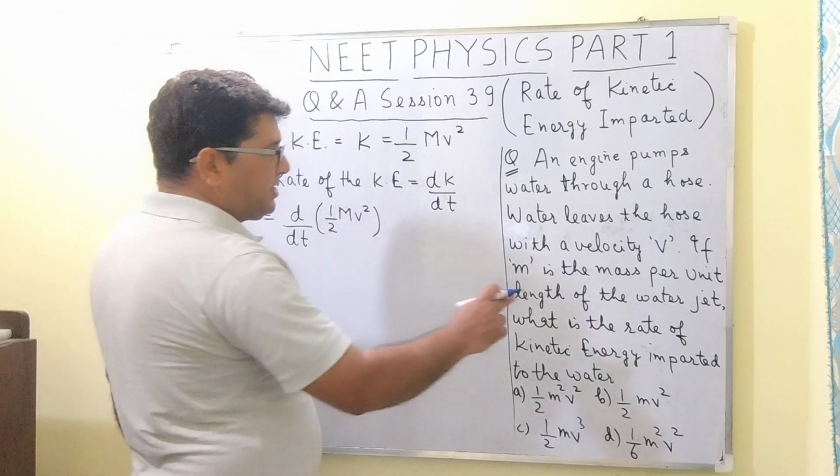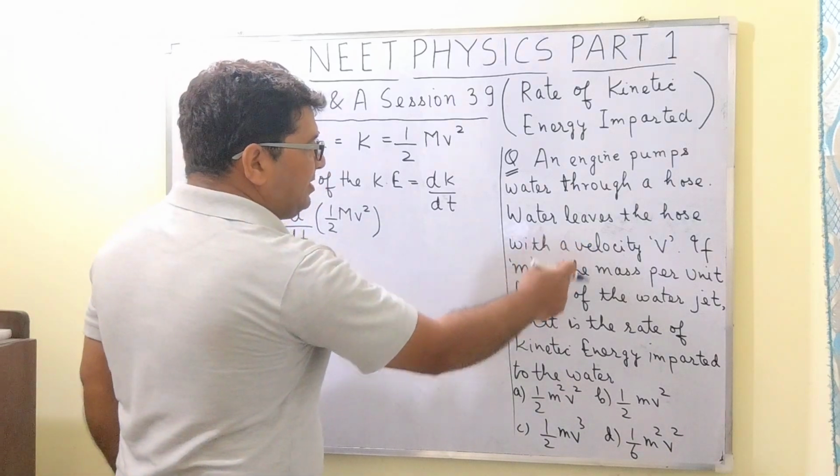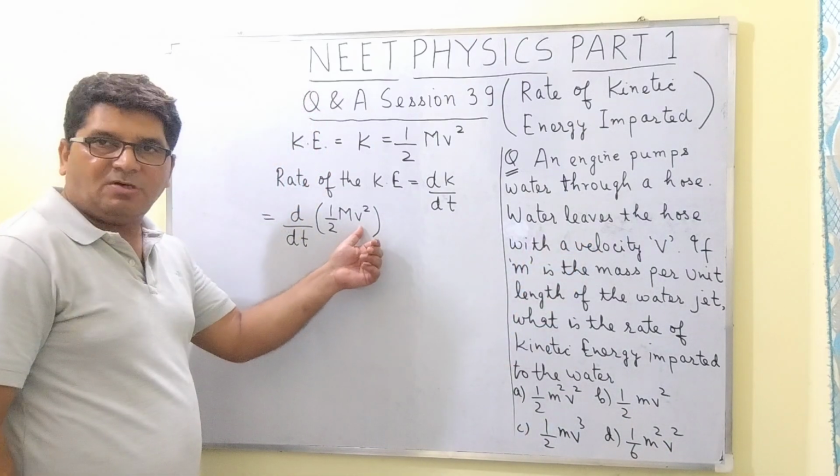Now in this question, the water is leaving the hose with a velocity v, so here v is constant.